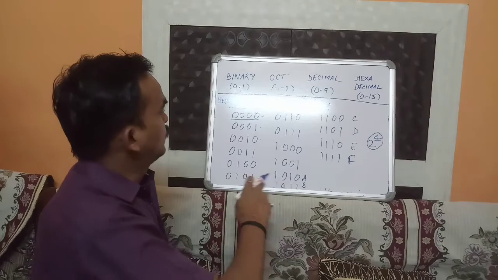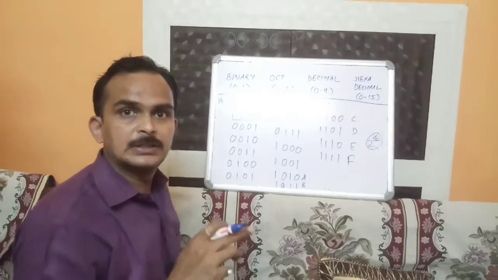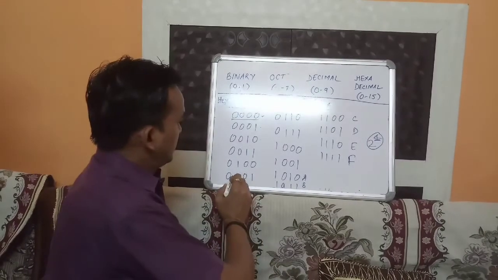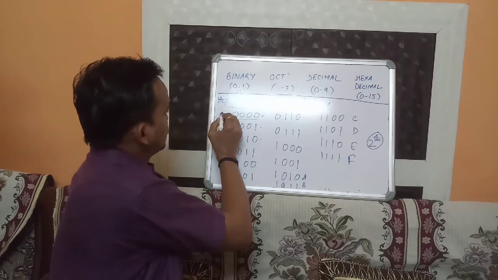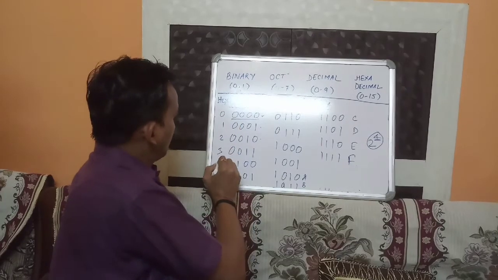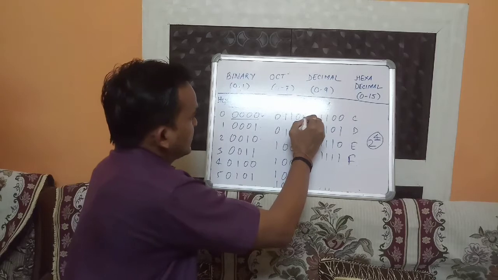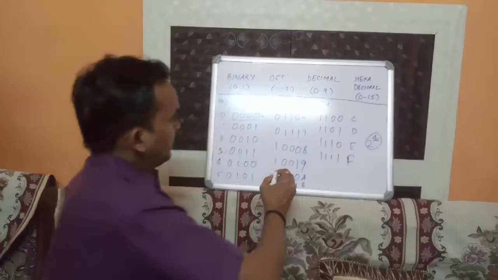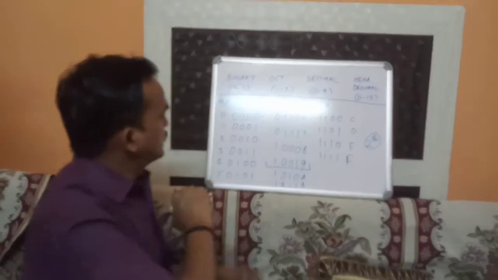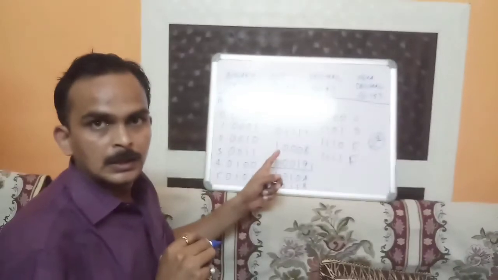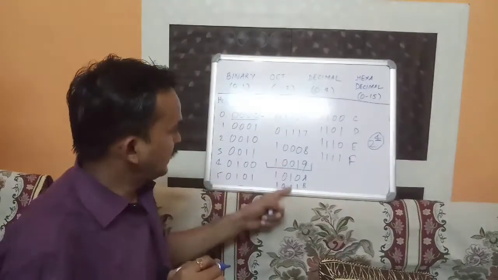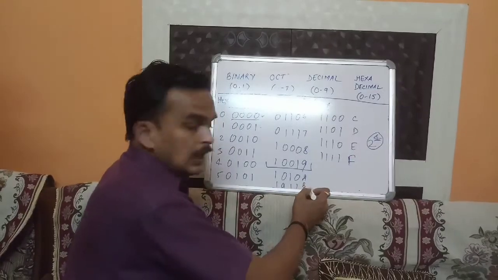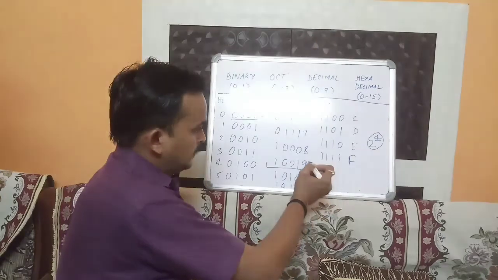Now how will we calculate the decimal positions in the hexadecimal table? We count from 0, this is 0, this is 1 2 3 4 5, this is 6 7 8, this is 9. So 0 to 9 fulfills the requirement of decimal. Now for hexadecimal, in hexa we count the numbers in alphabets after 10.